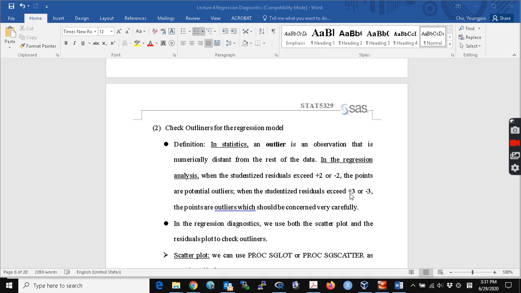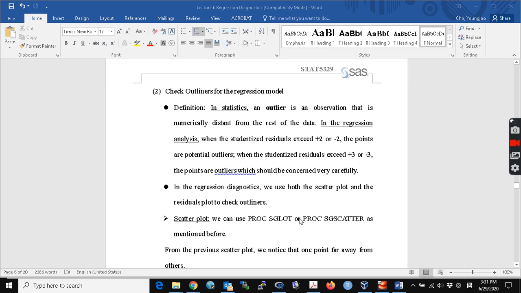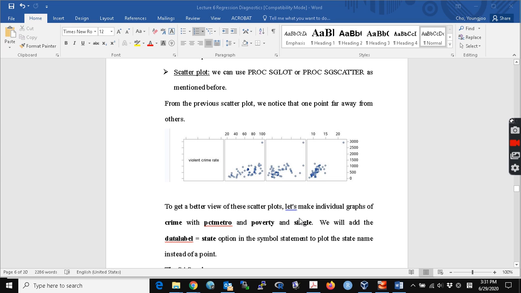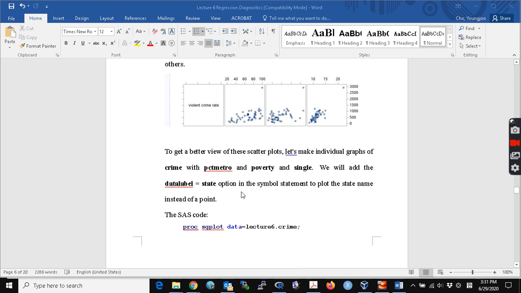If their studentized residual exceeds +3 or -3, they are outliers which should be considered very carefully. In the scatter plot, you can see one data point far from the other data points.